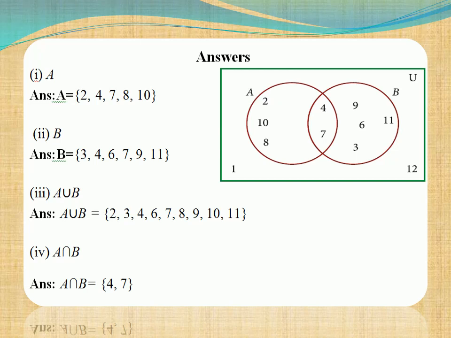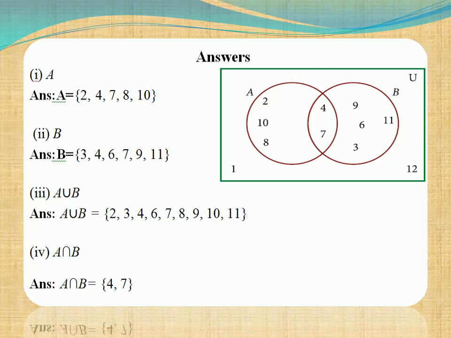Next, second subdivision, B. The set of all elements in the Venn diagram B. What are the elements there? 4, 7, 9, 6, 3, 11. I am writing in order: 3, 4, 6, 7, 9, 11. These are the elements in set B.